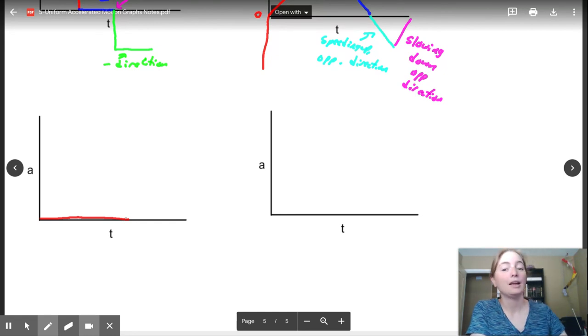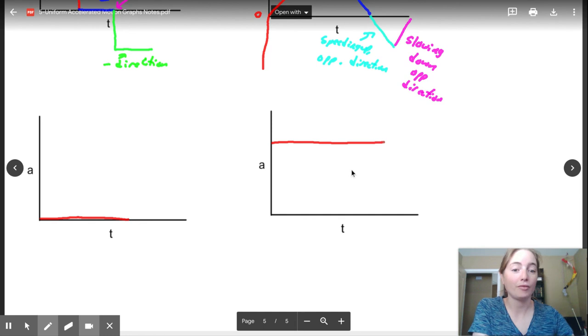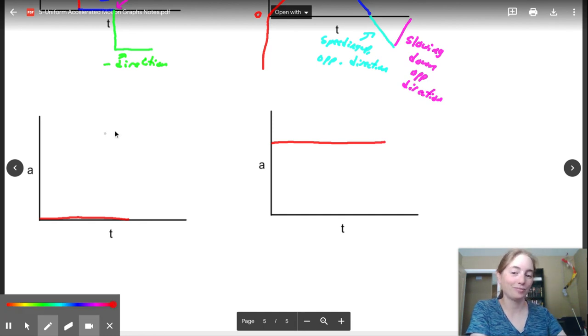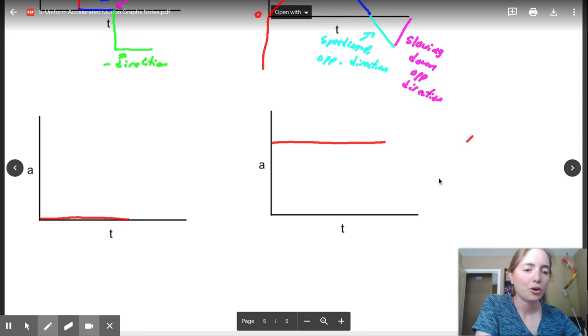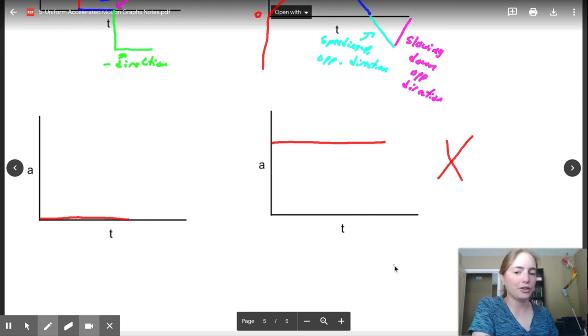If you are accelerating, you're going to look like that. Really the only two lines I want you to know about for this particular graph.